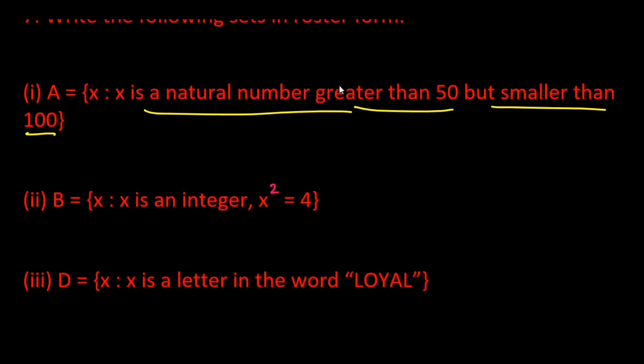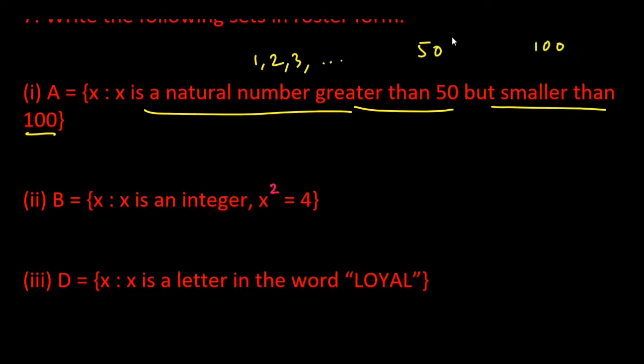So x is a natural number, that means 1, 2, 3 like this. These are all natural numbers. Here there is a restriction. The natural number should be greater than 50 and smaller than 100.